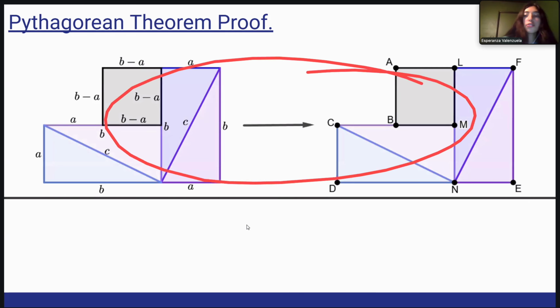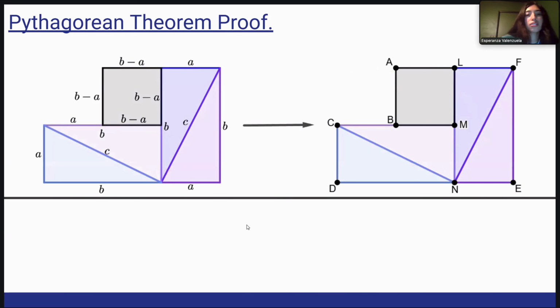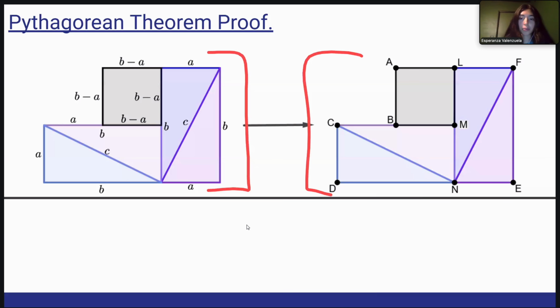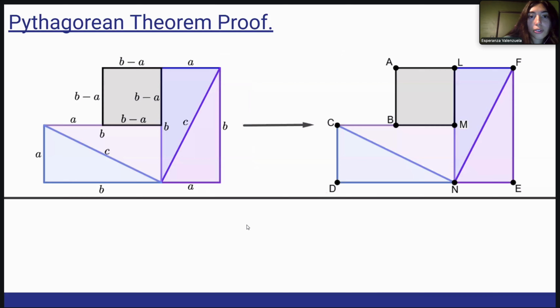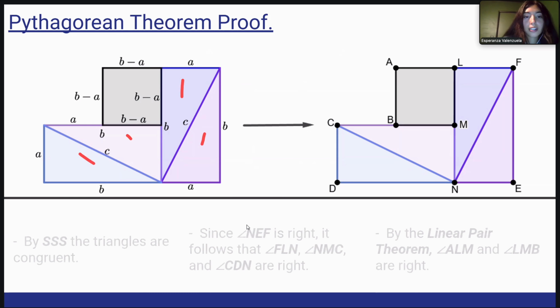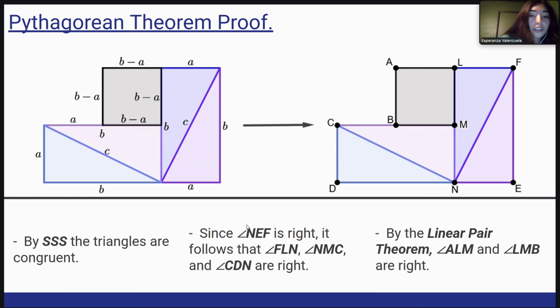Now we have these two figures, and notice that these two figures are the exact same. It's just that this shows the side lengths and this shows the points labeled. And also notice that all four of these triangles have legs A and B and a hypotenuse C. So by SSS, they are congruent.